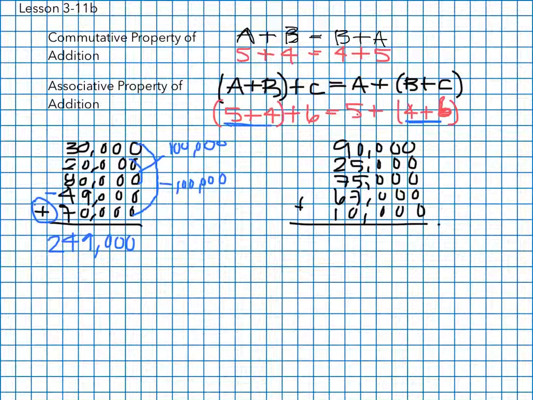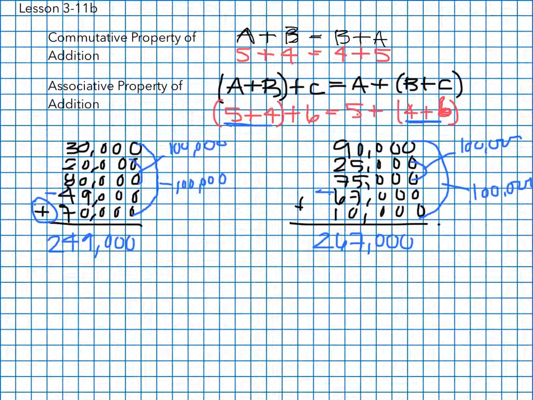Again, I could do just column, column, column, or I can start making patterns in my brain. 25 and 75 equal 100. 90 and 10 equal 100. So this is 100,000. This is 100,000. And then all I have left is 67,000. 100,000 plus 100,000 is 200,000 plus 67,000, 267,000.